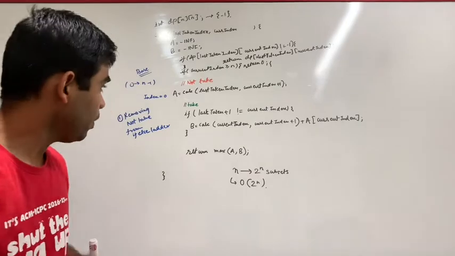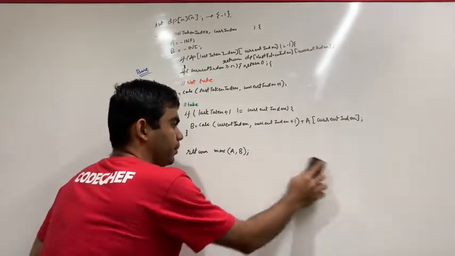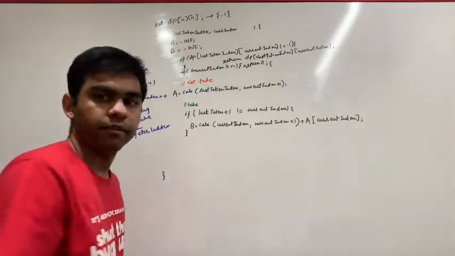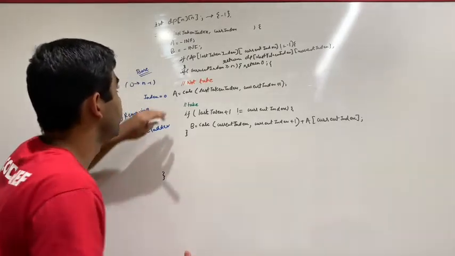Also, what I can do here is, I have to store the value of the answers in the dp array.